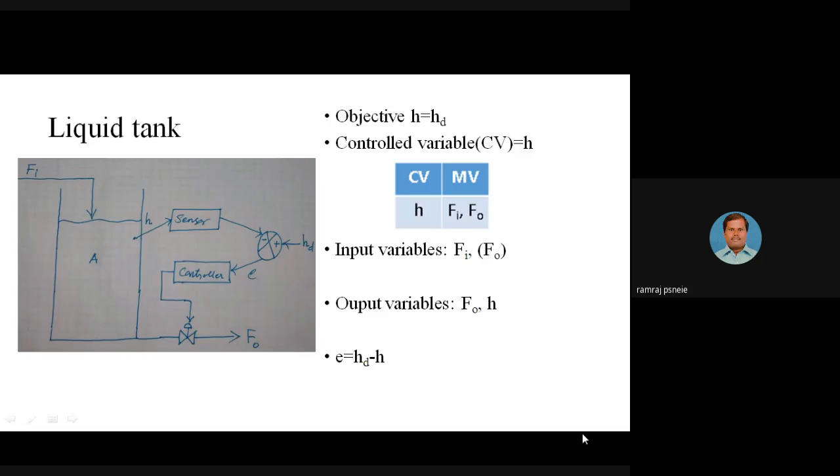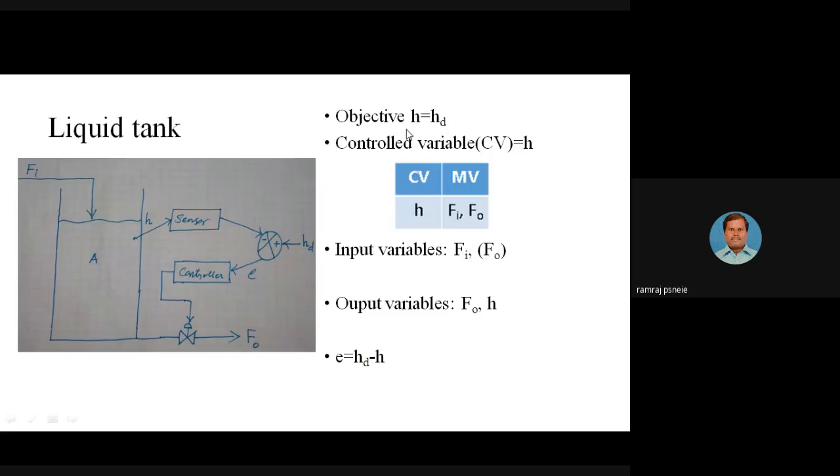We can get still more clarification on the variables with a few examples. The first one is the liquid tank system. Here our objective is to maintain the level or height of liquid in the tank at the desired value.